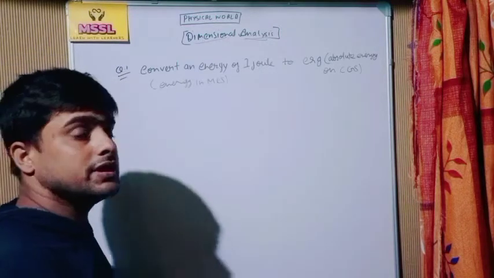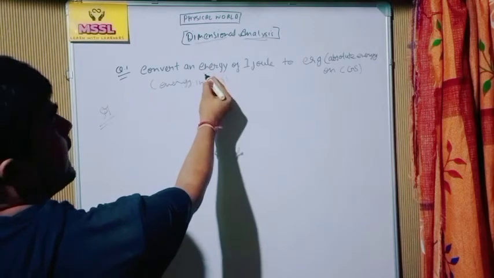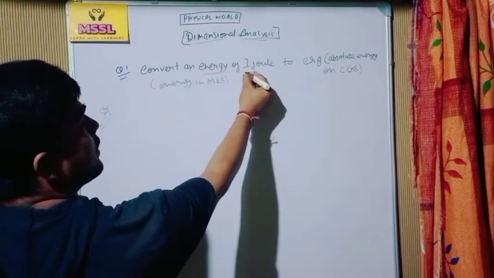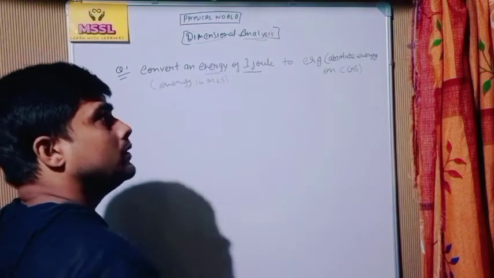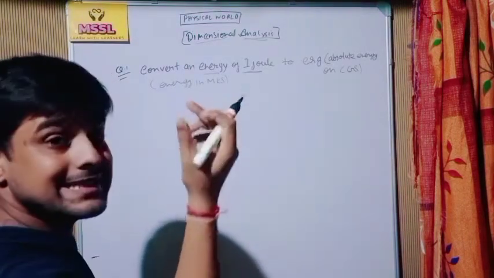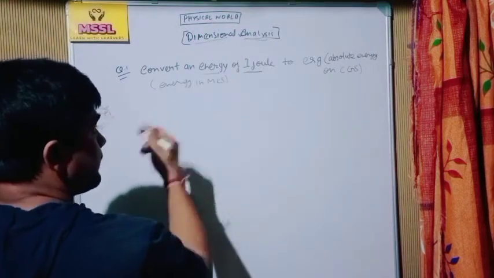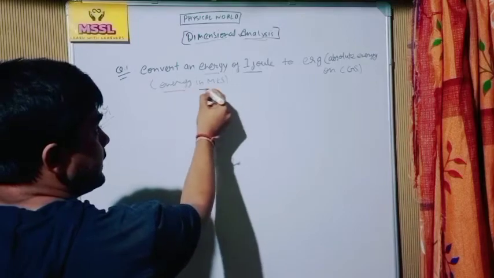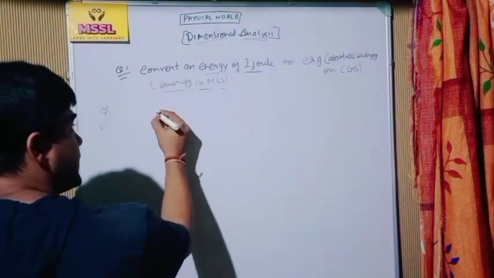The question is to convert 1 joule of energy to erg. Erg is the absolute energy unit in CGS, and the joule is the energy unit in MKS.